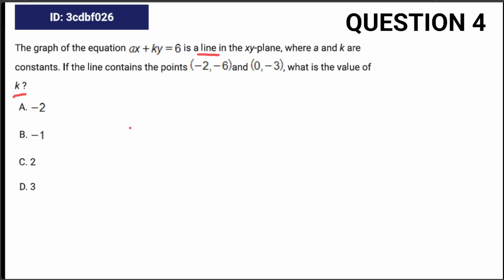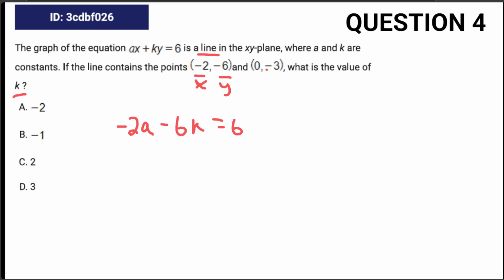And the way we do this algebraically is we understand that this is x, this is y, and if we plug this into this equation, then it will work out. So if we plug this in for x, we get -2 times a, and we have k times -6, so -6k equals 6.